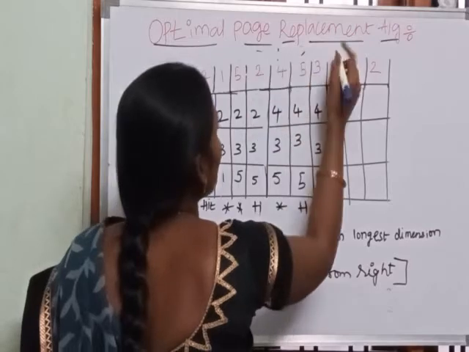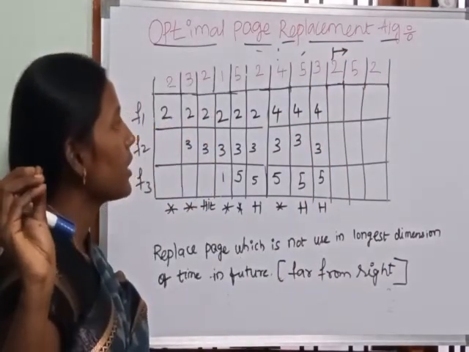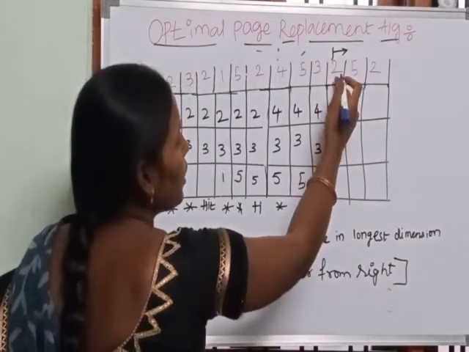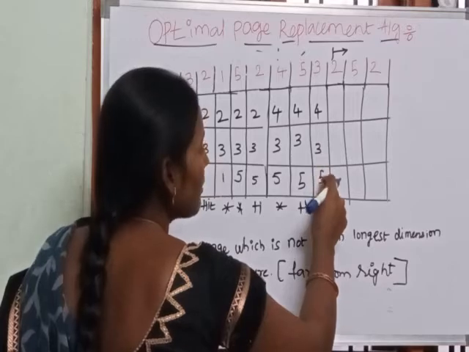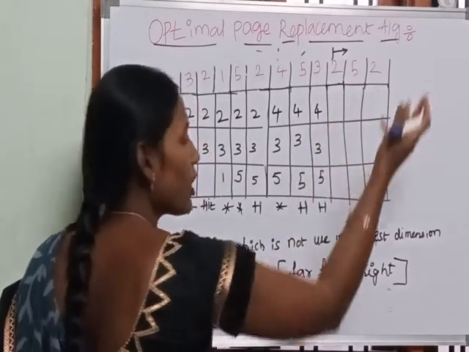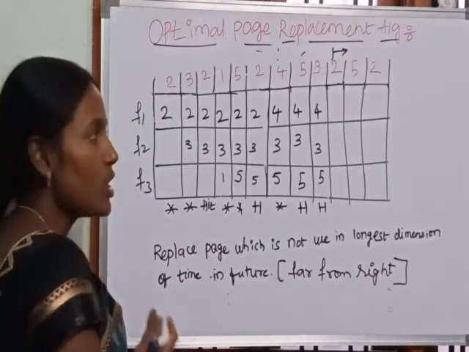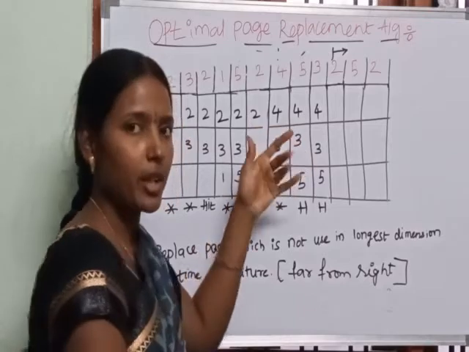Now the turn of 2 comes. Now look at 2. After 2, what elements do we have? 5 we have, so 5 is not to be replaced. Again 2 we have. But 4 and 3 are not going to be used in the future at all. So here you can replace 4 or 3, your wish.